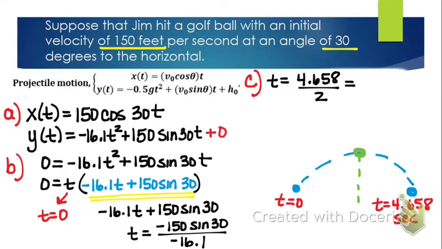So when you type that in your calculator, 4.658 divided by 2 is what? 2.329 seconds. So that answers the question of when, but now we need to figure out the height at 2.329 seconds.